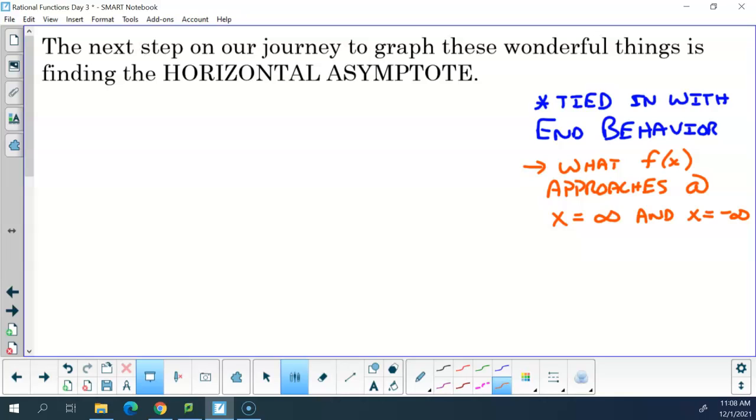So the left and the right sides of your graph is what your function is going to approach when we get out there.